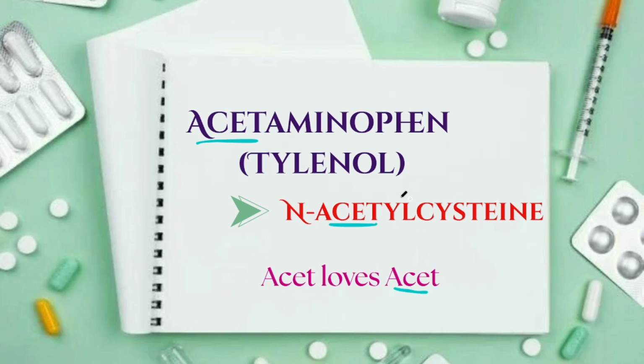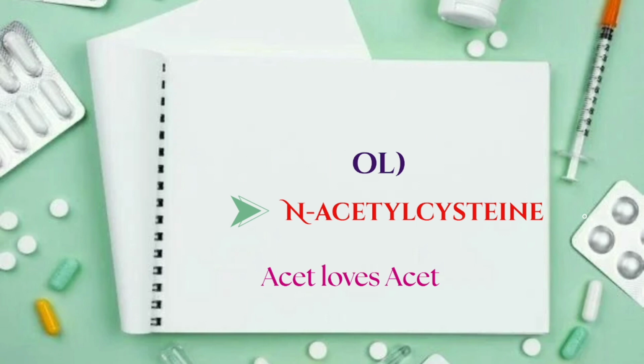Also, you can remember the other name for acetaminophen is Tylenol, that means TYL, and in acetyl, TYL. So these are the similar letters in both the drug names. So you can also remember from this, or otherwise you can remember the mnemonic acid loves acid. So the antidote for acetaminophen is N-acetylcysteine.